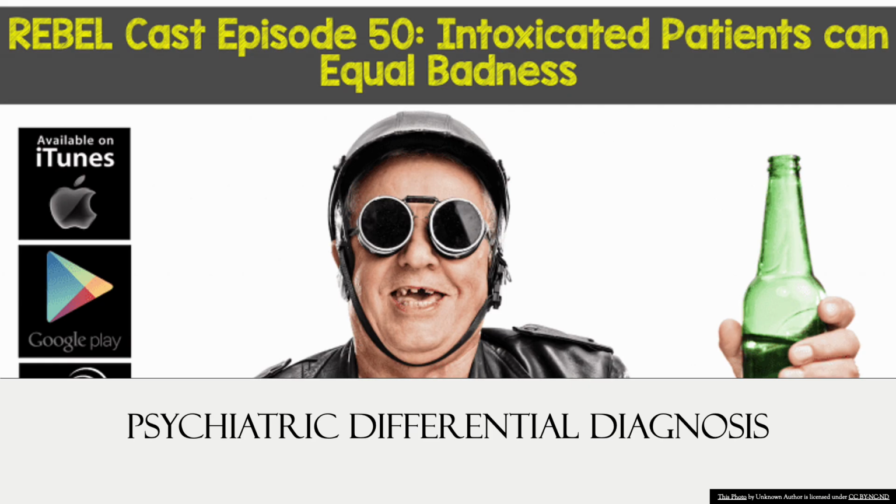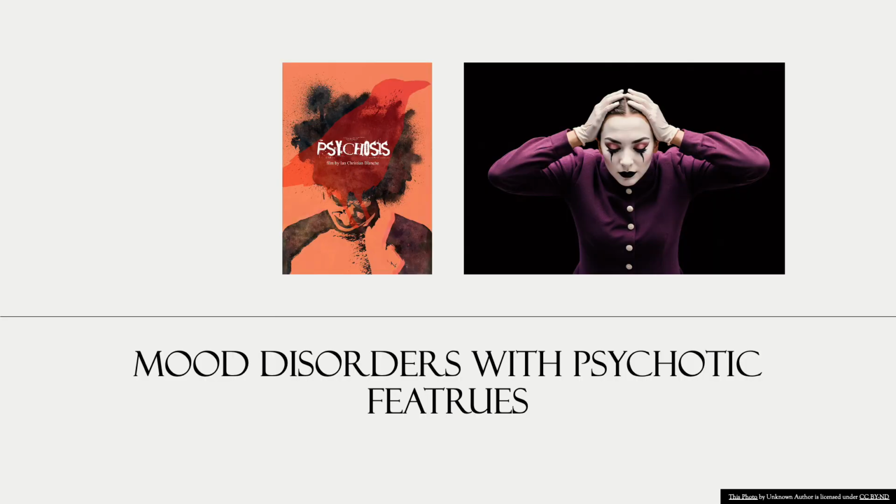Psychiatric disorders in the differential diagnosis would be bipolar affective disorder, substance-induced psychotic disorders such as with amphetamines, hallucinogens, alcoholic hallucinosis, barbiturate withdrawal, cocaine, and PCP. Mood disorders with psychotic features, schizoaffective disorder, schizophreniform disorder, brief psychotic disorder, delusional disorder, schizotypal personality, schizoid personality, and paranoid personality disorder.